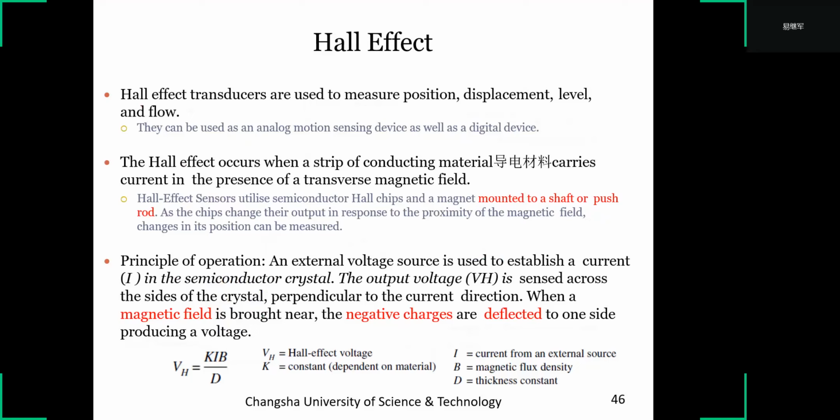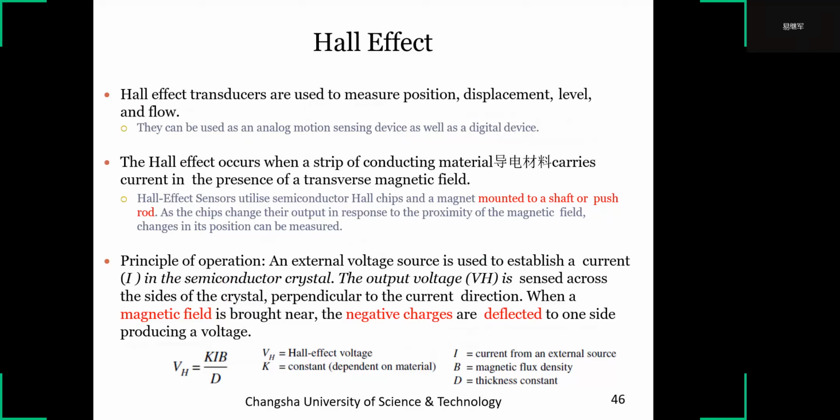The Hall effect occurs when a strip of conducting material carries current in the presence of a transverse magnetic field.